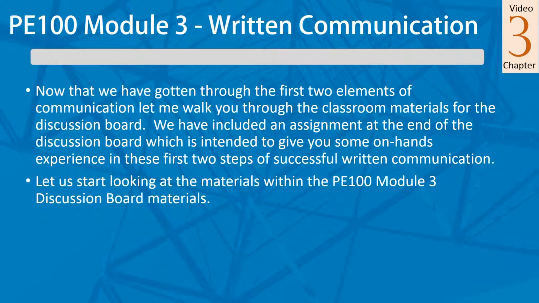We've included a little assignment at the end of this discussion board, which is intended to give you some hands-on experience in the first two steps of successful written communication. With that said, we'll start looking at all the materials in the discussion board for Module 3.